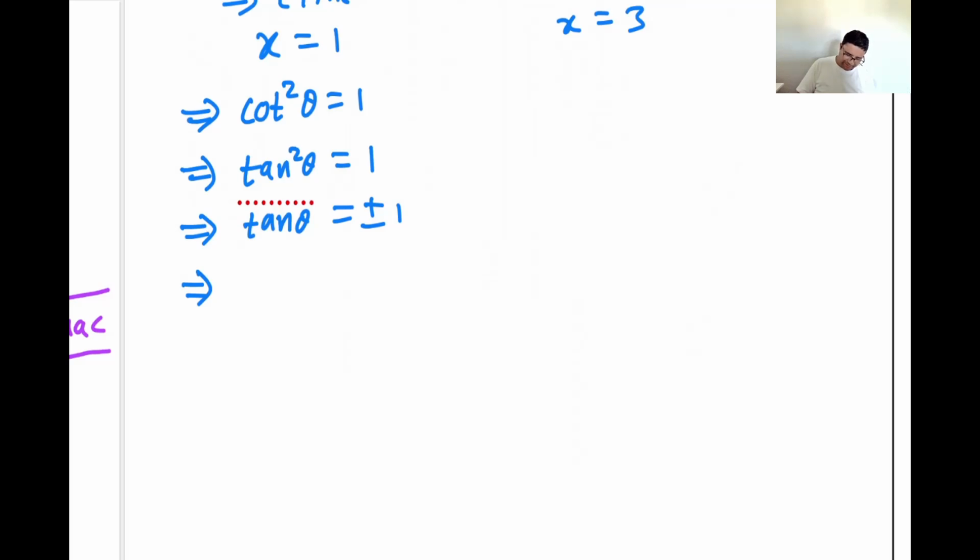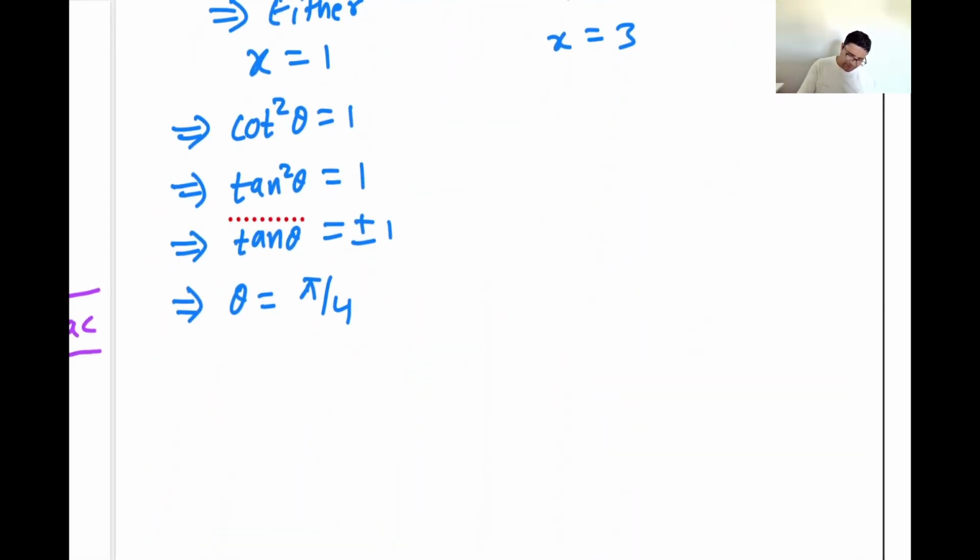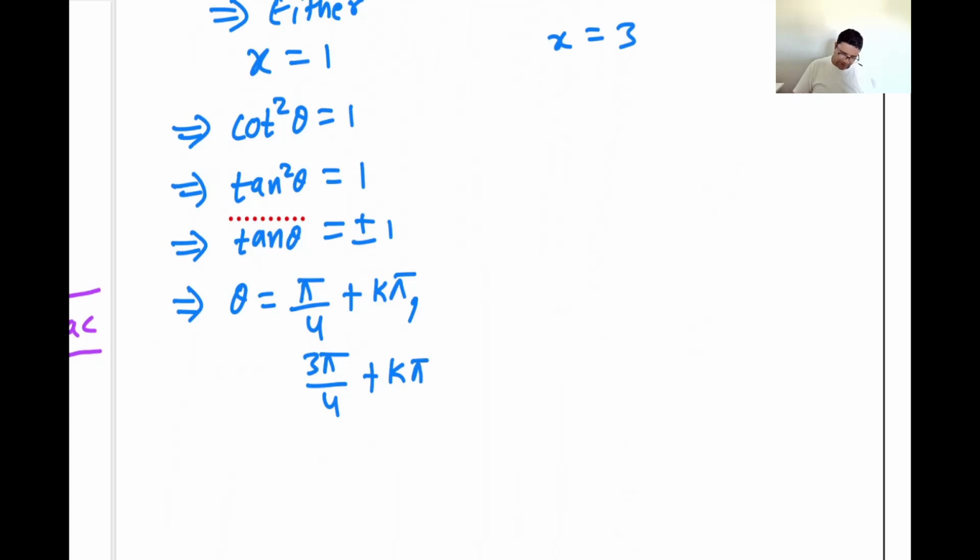Plus minus 1, what are the values? Theta will be, if you go with plus 1, pi over... Do we have to write in degrees? No. We just say general solution. It doesn't mention anything. General solution. So you will say pi over 4 plus k pi with 1, and minus 1 happens in the second quadrant: 3 pi over 4 plus k pi.